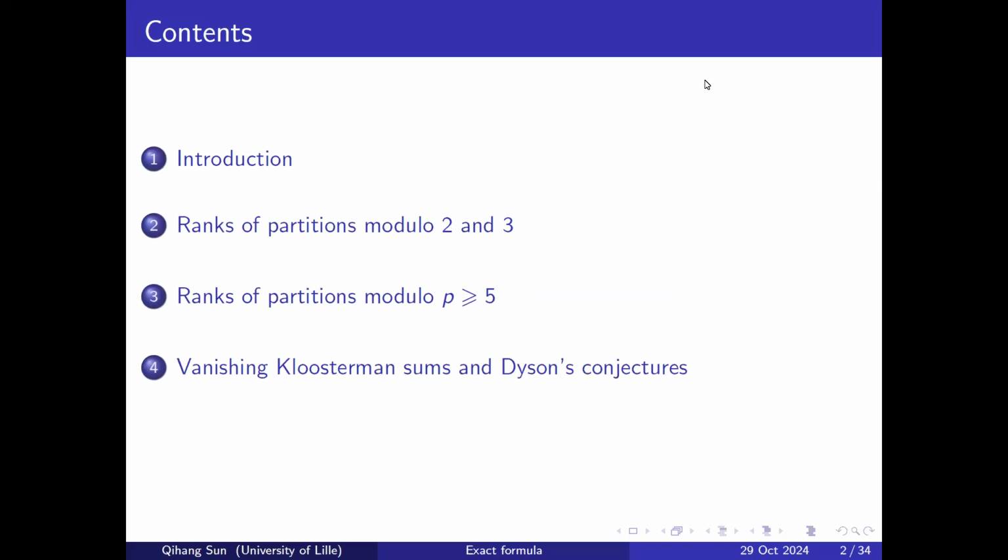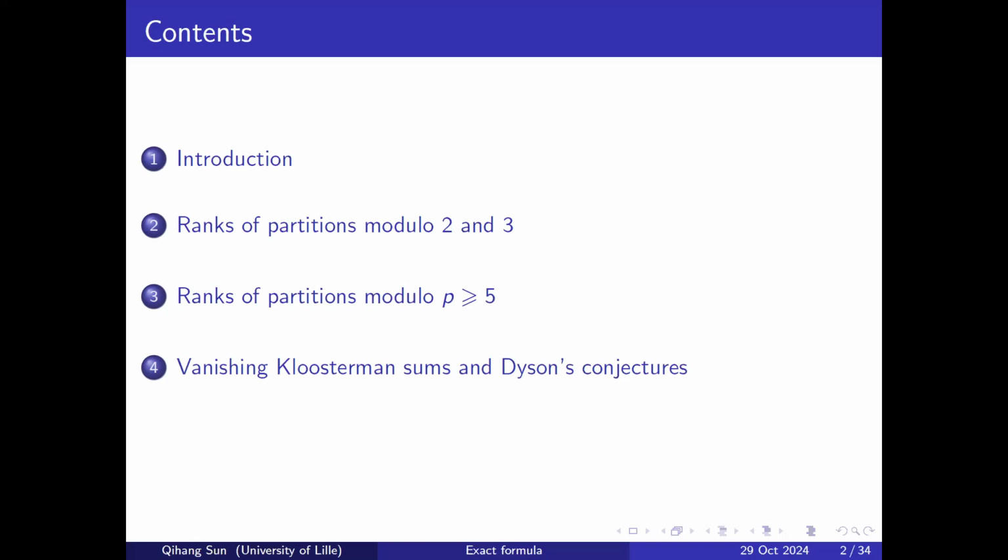First, I will introduce the partition function itself. We can see a little bit of a pattern in how people go from the asymptotic formula to the exact formula, and you will see the pattern again and again in the examples for the rank modulo 2 and 3 in the second part. The main result of this presentation is in part 3, where I introduce my proof of the exact formula for primes larger than or equal to 5.